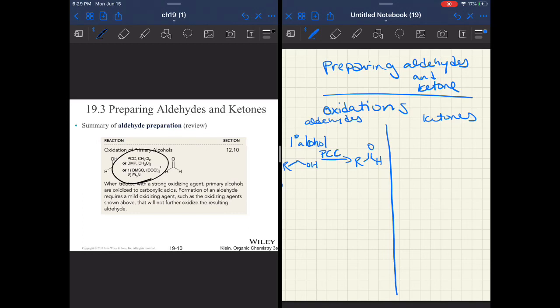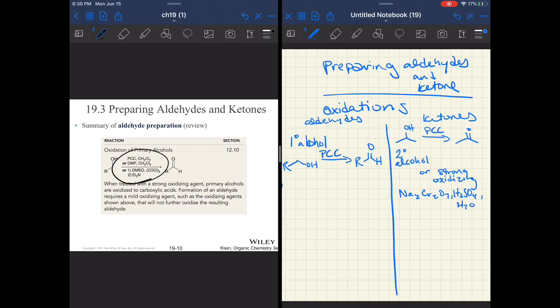To get a ketone, you're going to take any old secondary alcohol. And with the ketone, since a secondary alcohol cannot oxidize past a ketone, you can use PCC, or you can also use strong oxidizing agents like sodium dichromate in sulfuric acid with water.